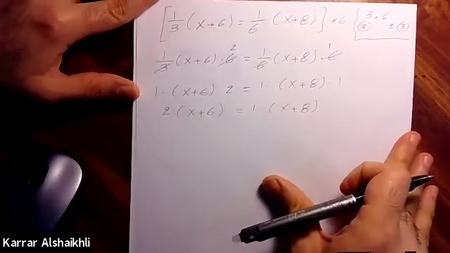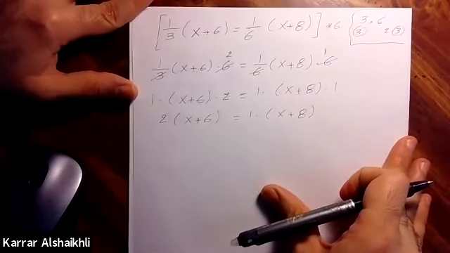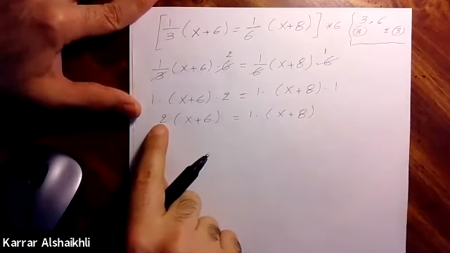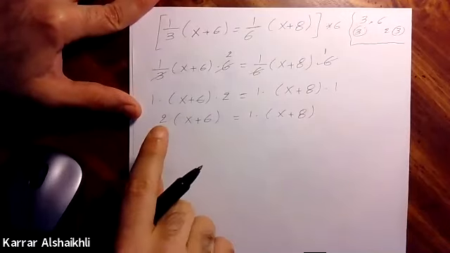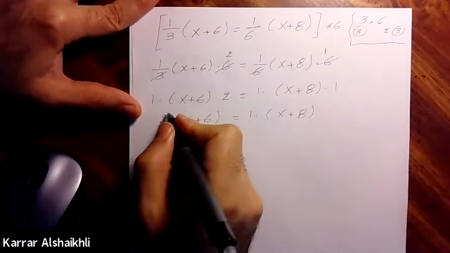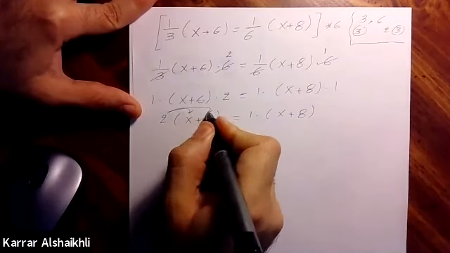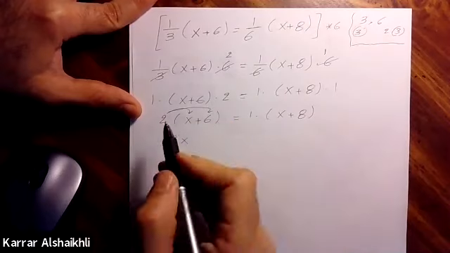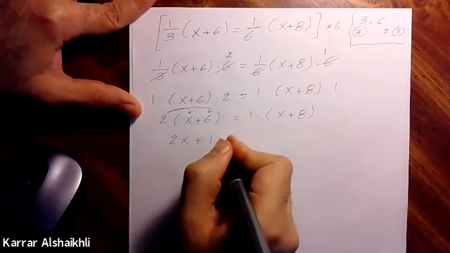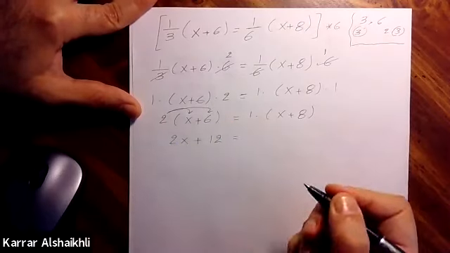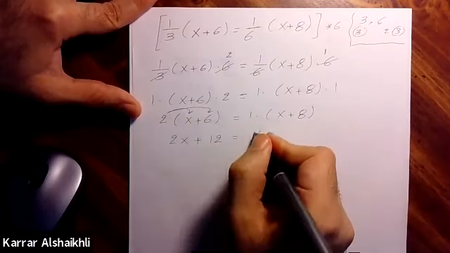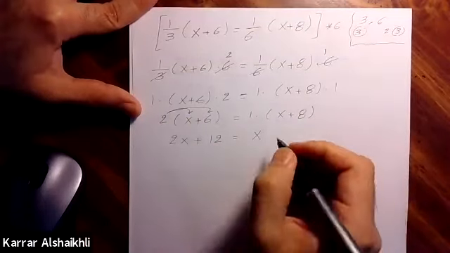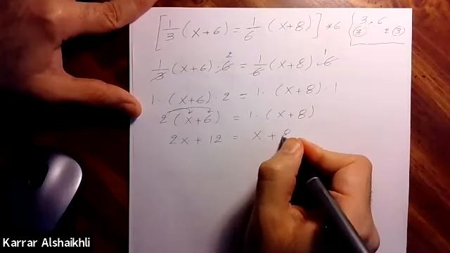Just do it step by step, so you're not going to confuse yourself. Now we have number and parentheses, so I'm going to distribute the number here and here. 2 times x is going to be 2x. 2 times 6 is going to be 12. 1 times x is going to be x. 1 times 8 is going to be 8.